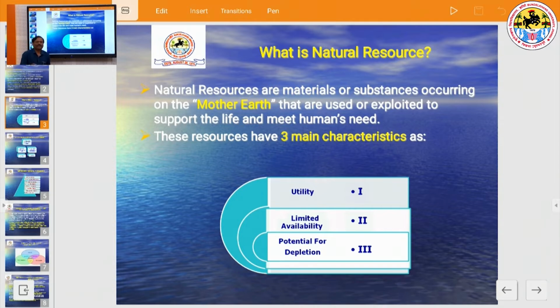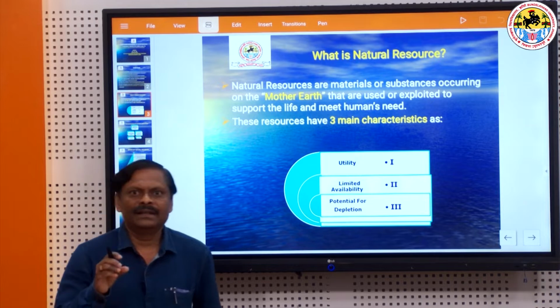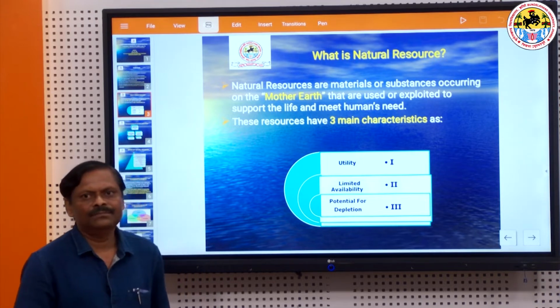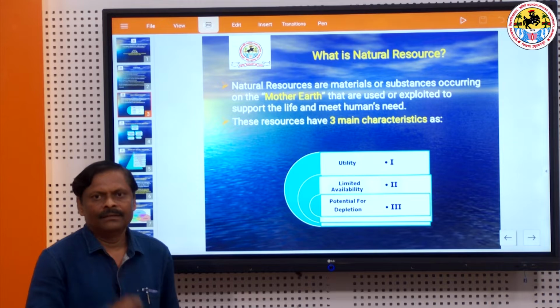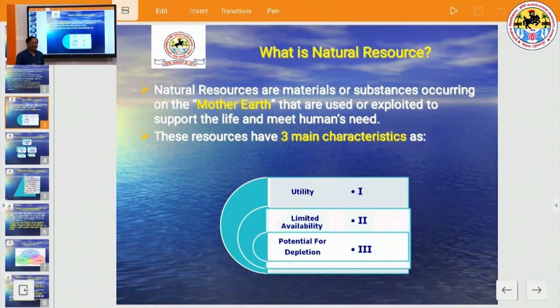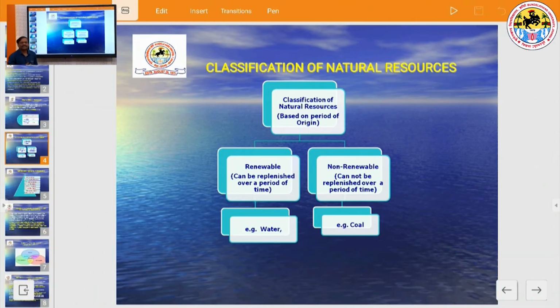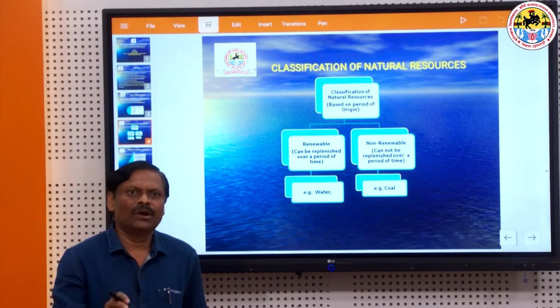Any type of resource has three basic important characters: first, limited availability; second, utility; and third, potentiality for depletion. All these resources can be broadly classified into two main categories: renewable resources and non-renewable resources. This is based only on the period of availability.